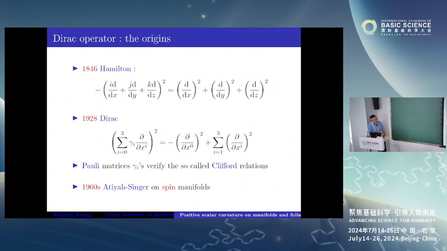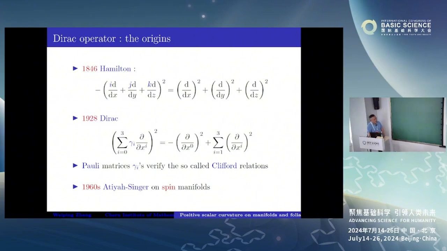in the Lorentzian setting, found this operator here, with the gamma i, the Pauli matrices, and he found this first order operator squared equal to the Lorentzian Laplacian. This plays an important role in Dirac's theory and in physics.